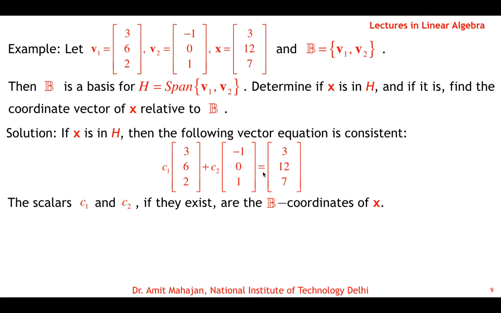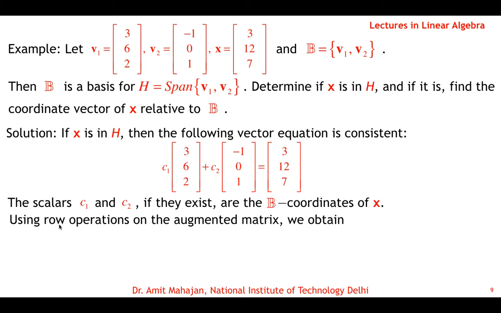So how do we solve the system of equations? We write the augmented matrix and reduce it to find a solution. The augmented matrix has the left hand side vectors, and the last column is the right hand side vector. So first the v1 vector, v2 vector, and the right hand side x vector. Now we have to reduce it to equivalent form and then to reduced equivalent form.